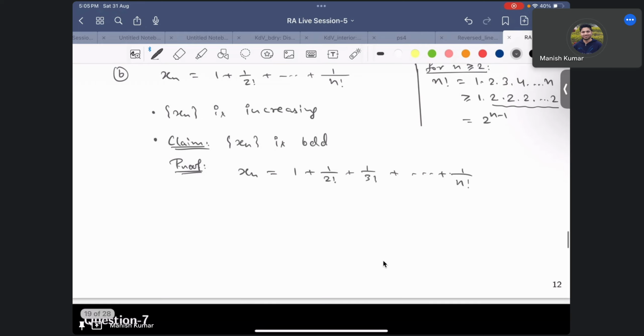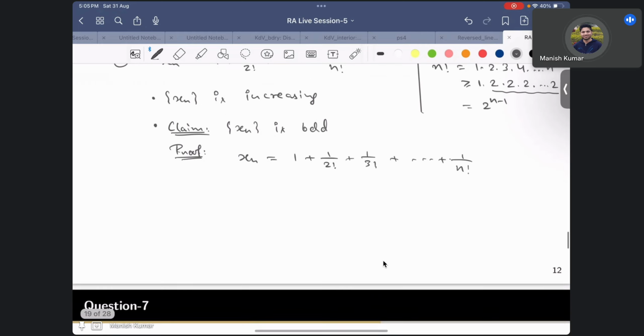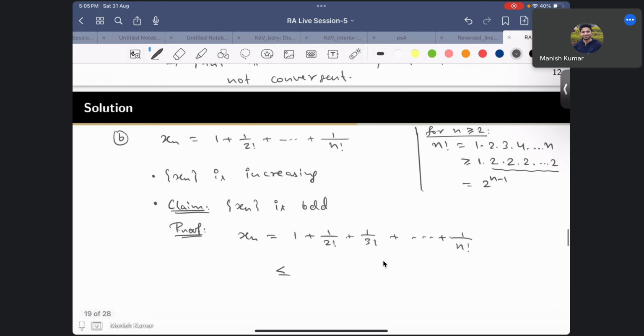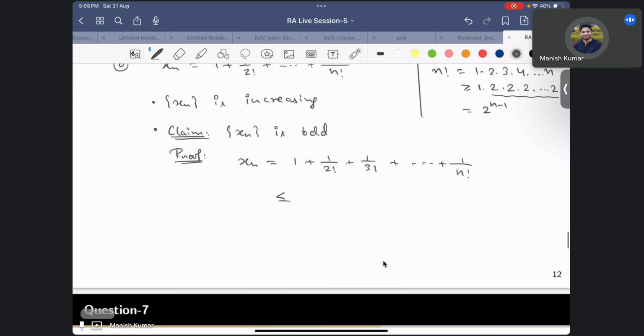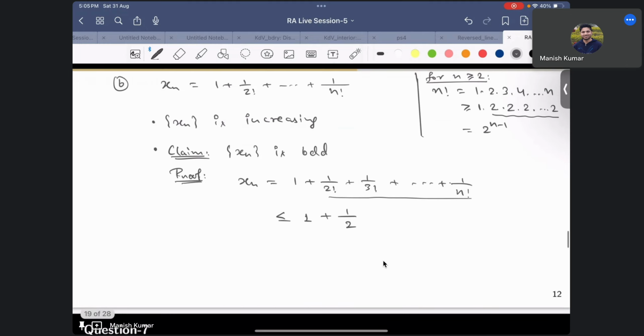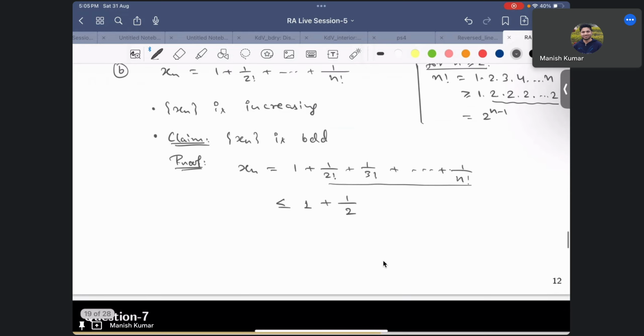So we have 2 raised to the power n minus 1, correct? Now using this bound for n greater than or equal to 2, n factorial is greater than or equal to 2 raised to the power n minus 1.